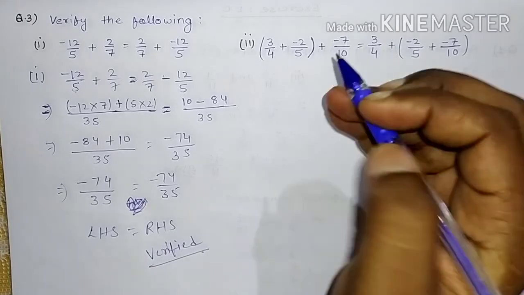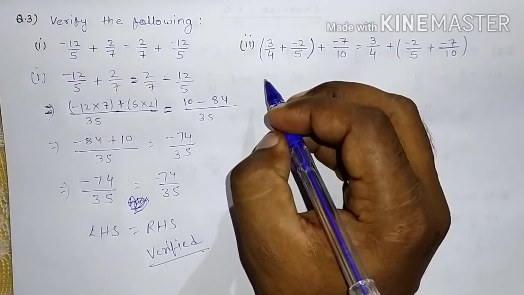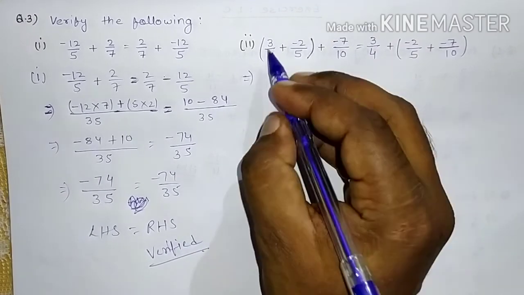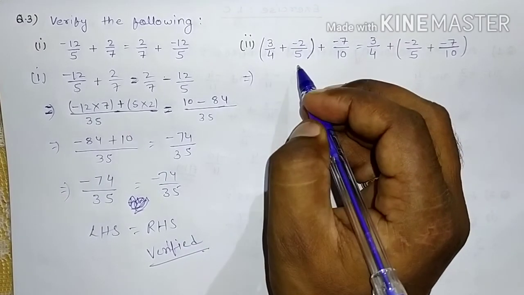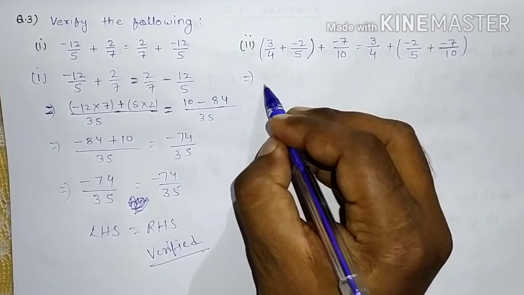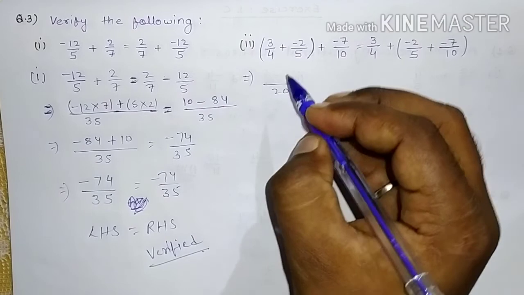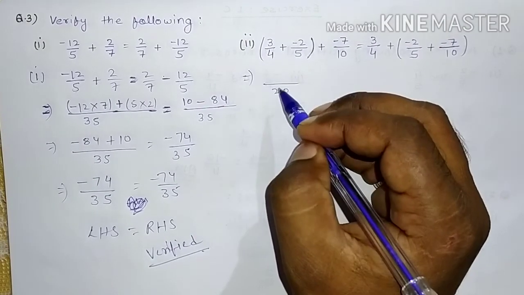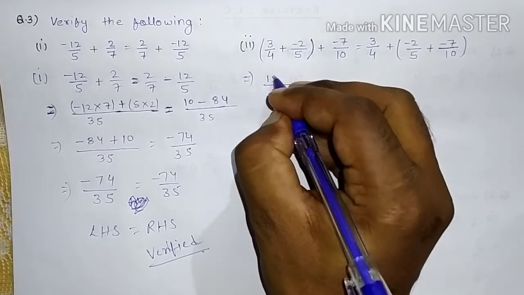Okay, now take the LHS part first. So 3 by 4 plus minus 2 by 5, plus minus 7 upon 10. Take the LCM of 4 and 5, that is 20. 4 times 5 is 20, 5 times 3 is 15.